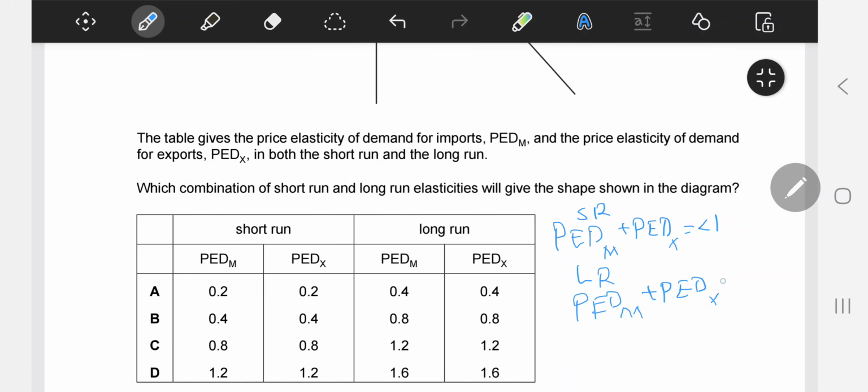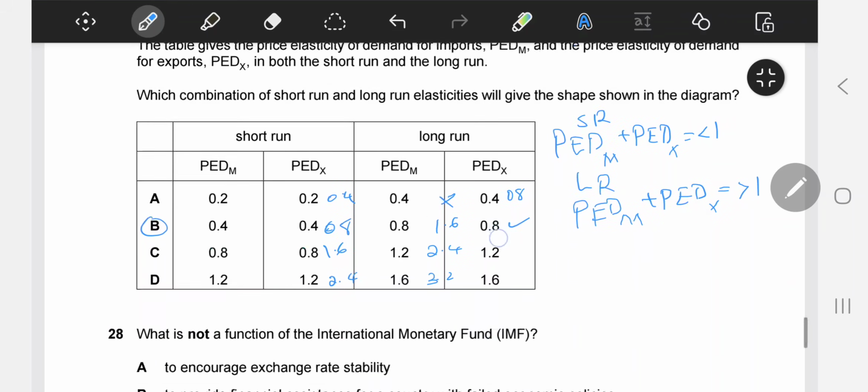Looking here, this plus that is 0.4, and here is 0.8, so this one is out. Here it's 0.8, which is less than 1, and this is 1.6. So this one is most likely, and this one is elastic and elastic also. So the correct answer here will be B for question 27.